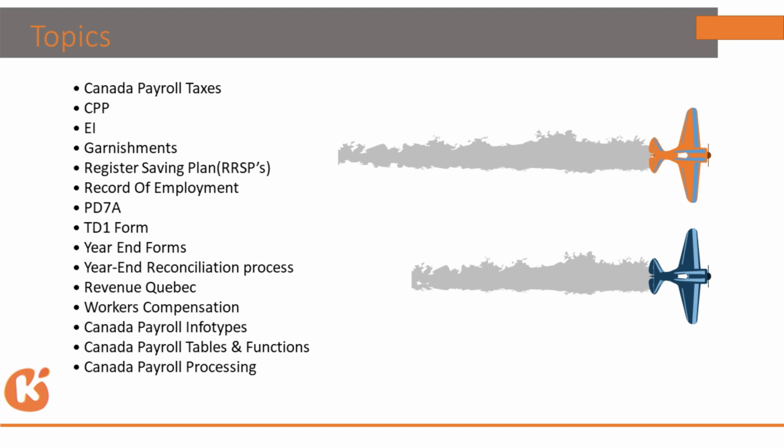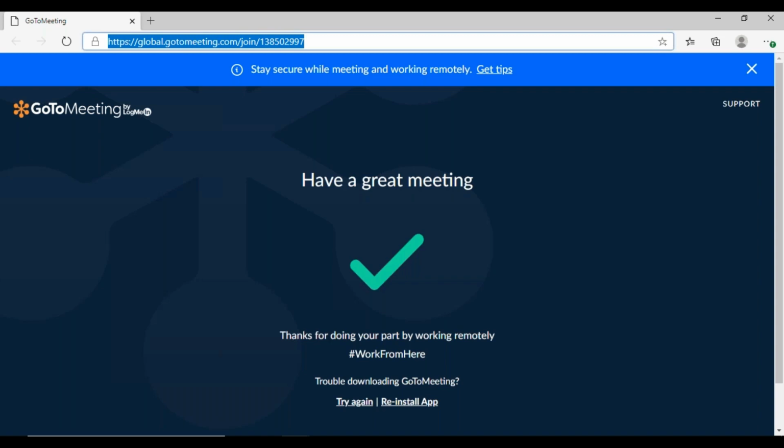What do you mean by block 15B and block 15C? Block 15C is something important, as it holds the insurable hours and stuff like that. And what else? Service Canada.